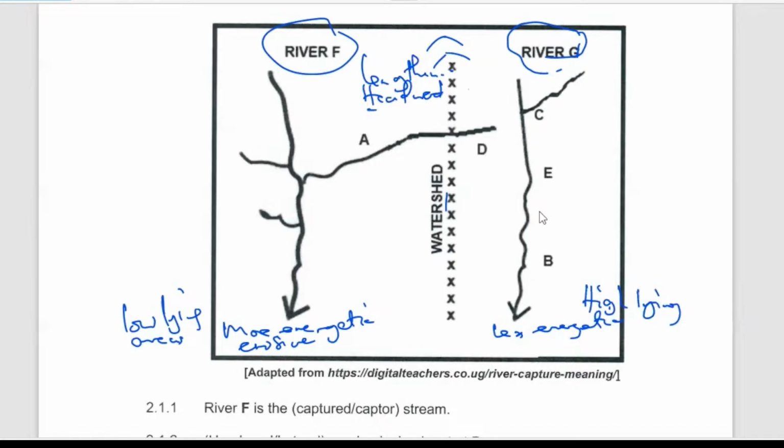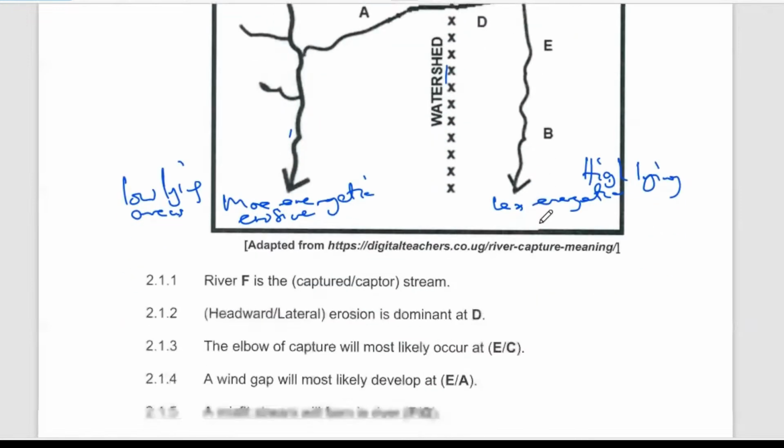And because of this nature of erosion, this stream is gradually advancing towards the watershed and will eventually reach River G. And as it reaches River G, it is going to intercept the headwaters of River G into the flow of River F. That's typically the situation of stream piracy or river capture.